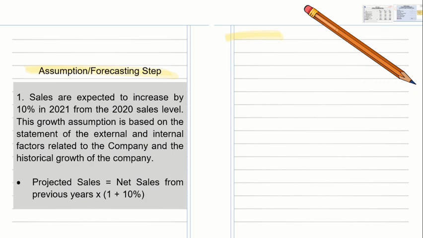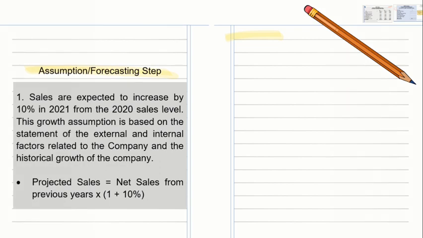So first is sales are expected to increase by 10% in 2021 from the 2020 sales level. This growth assumption is based on the statement of the external and internal factors related to the company and the historical growth of the company. So, ang atong projected sales will increase by 10% from our 2020 sales.